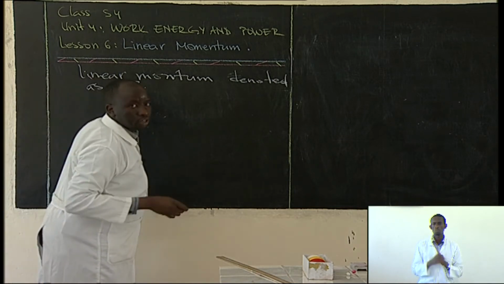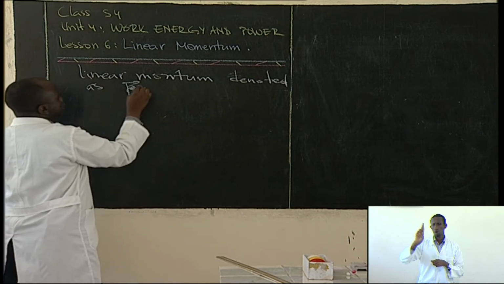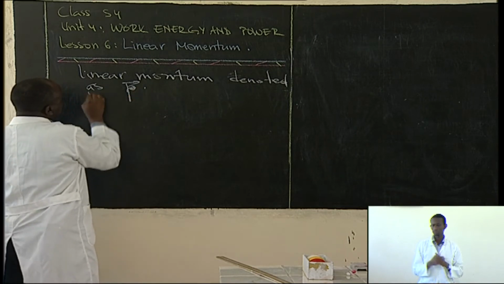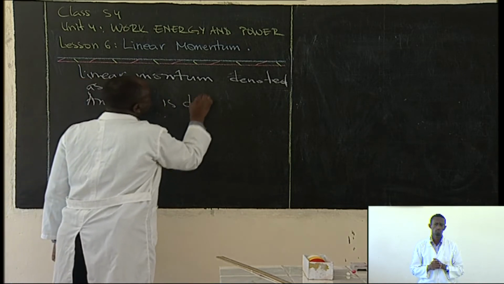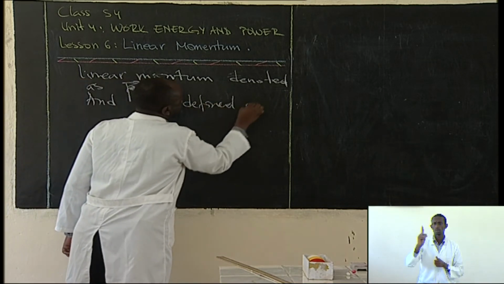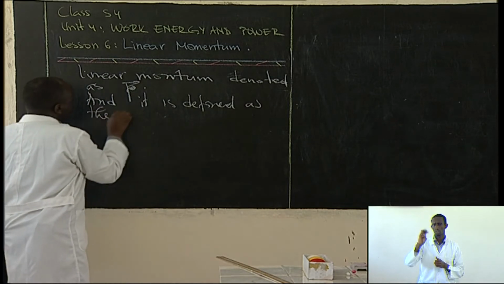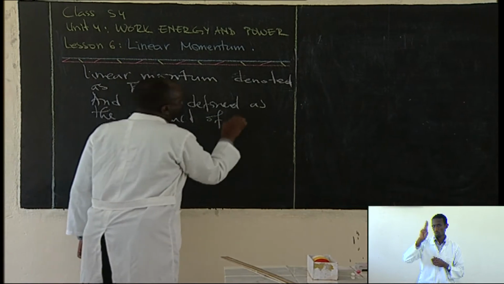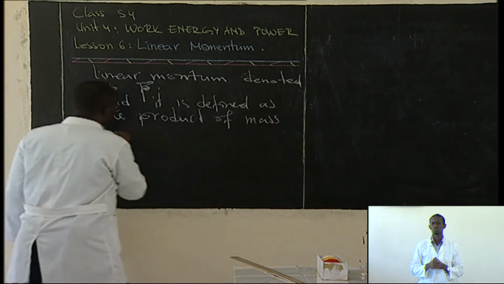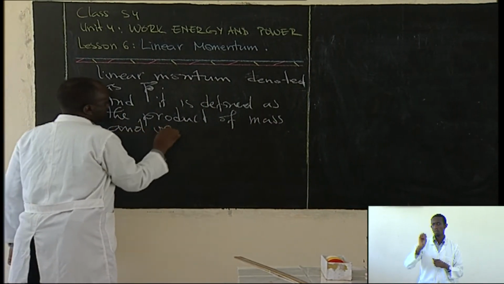I will tell you why. It is denoted like this, and we define it as the product, very simple, of mass and velocity.